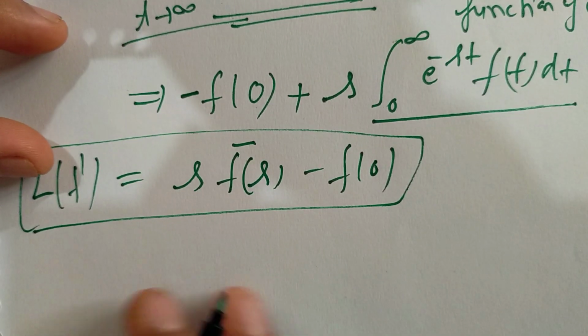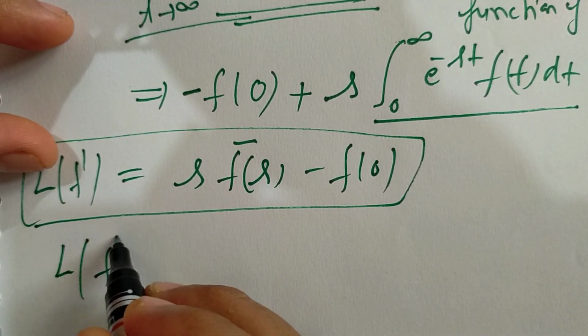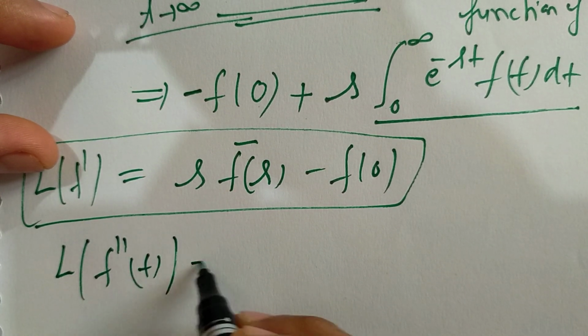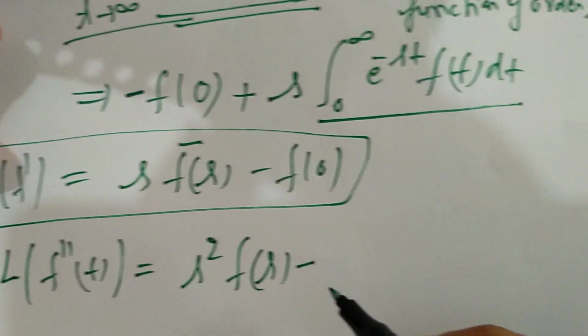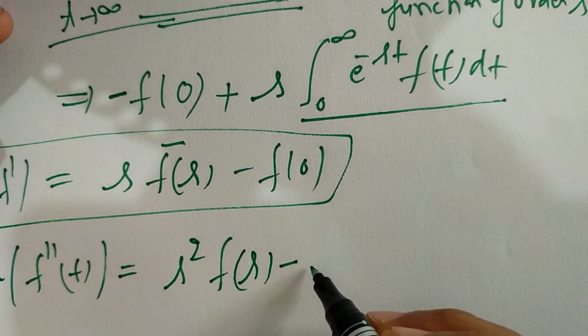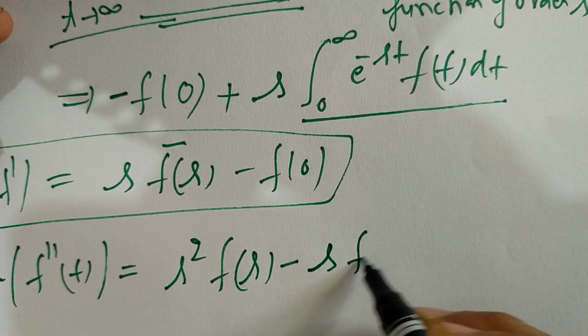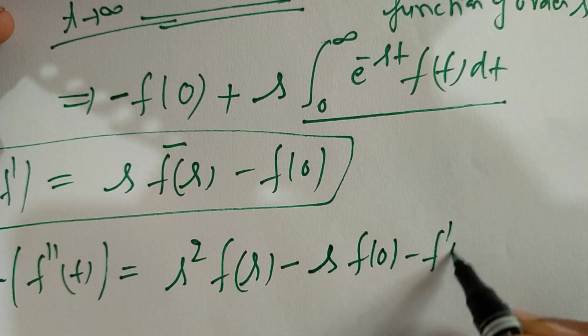Similarly, we can find for the second derivative: Laplace of f double dash t equals s square F(s) minus s f(0) minus f dash 0.